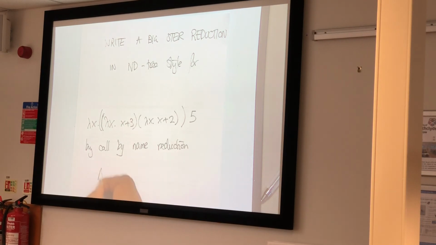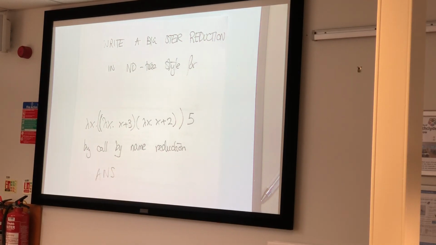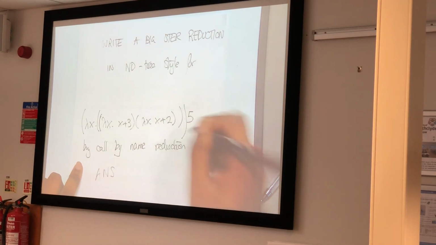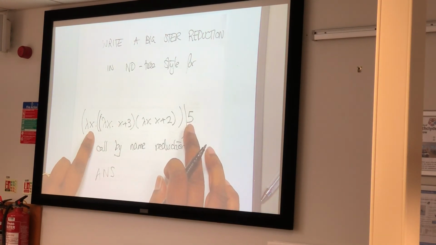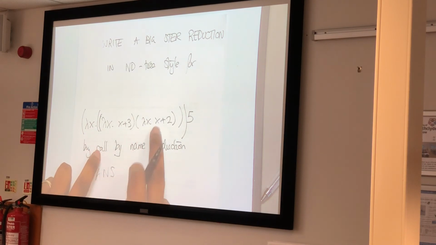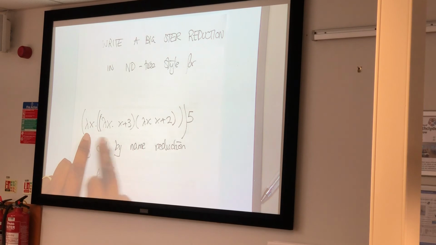And the answer is, let's see if I can do it in my head quickly. So this is this applied to this. So there's a lambda term applied to 5, so I could replace x with 5, but that x is this x, so that won't happen.